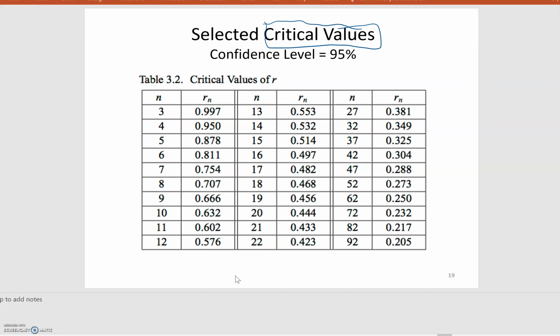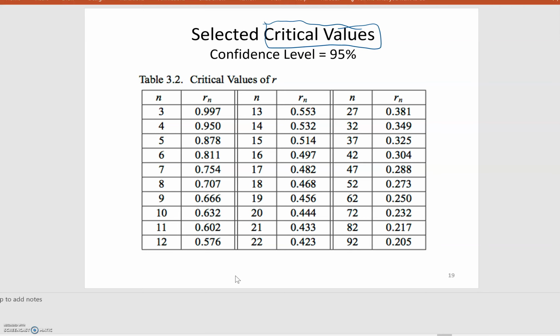Notice also that it starts at 3. The reason for that is that if you have 2 data points, then 2 points will always have a line exactly passing through them, so they'll be perfectly correlated. So we start with 3 and then we go up from there.